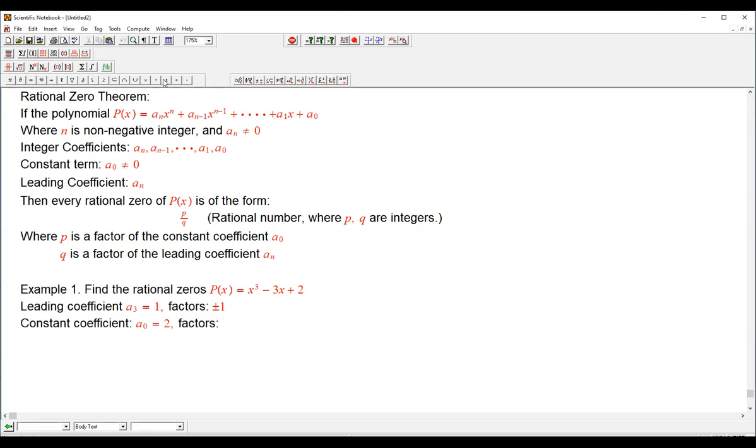Right, the factors will be plus 1, minus 1, plus 2, minus 2.